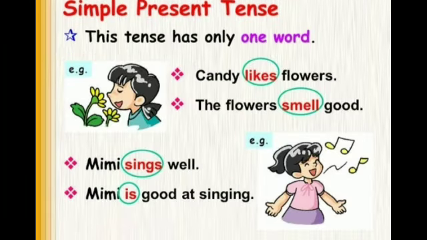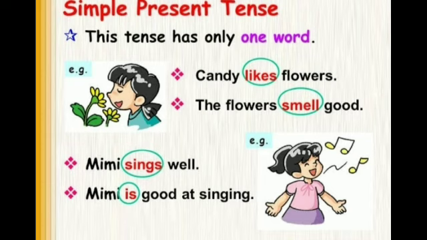This tense has only one word added to it, that is the S. We are adding S to the word to represent it as simple present tense. For example, Candy likes flowers. The flowers smell good. This means that Candy likes the smell of flowers.